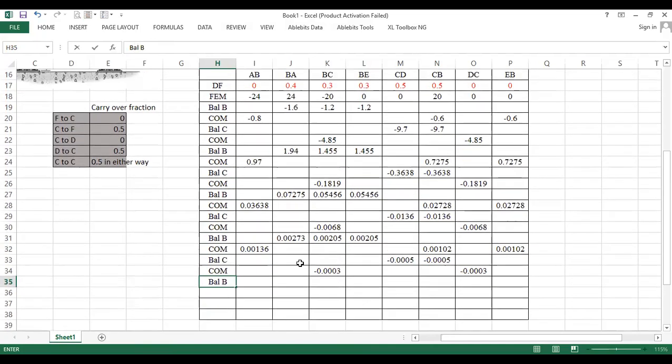So it's good practice to always stop from the balancing step, because if you carry over, there will be again an unbalanced bending moment, right? So you bring an unbalanced bending moment forward, right?